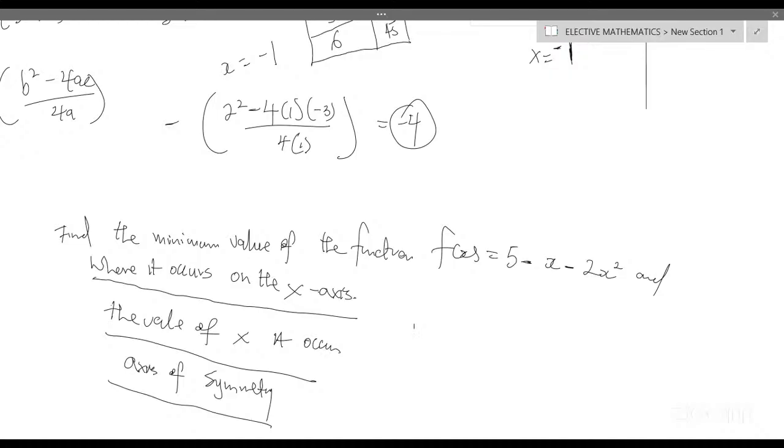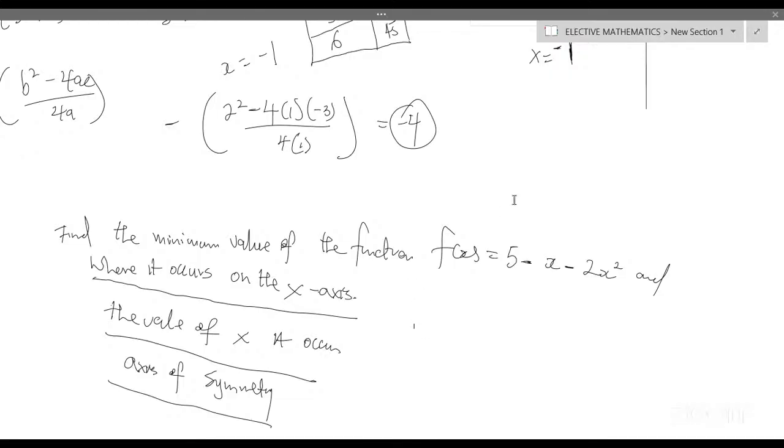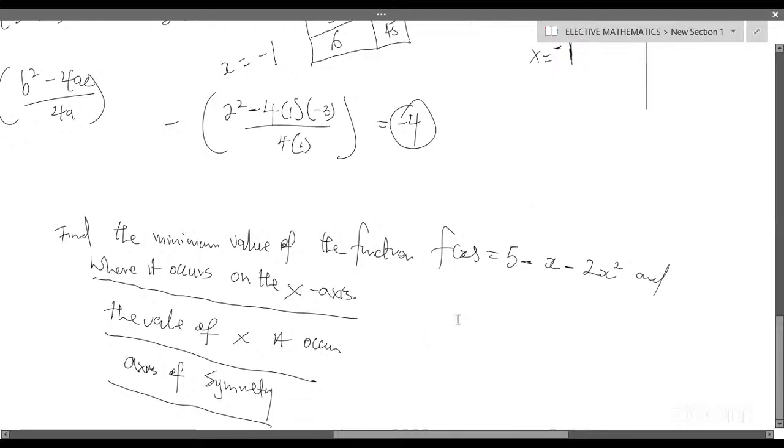Are you done? Ah, yes, sir. Okay. So, Ella, what did you get for the axis of symmetry, or where it occurs on the x-axis?